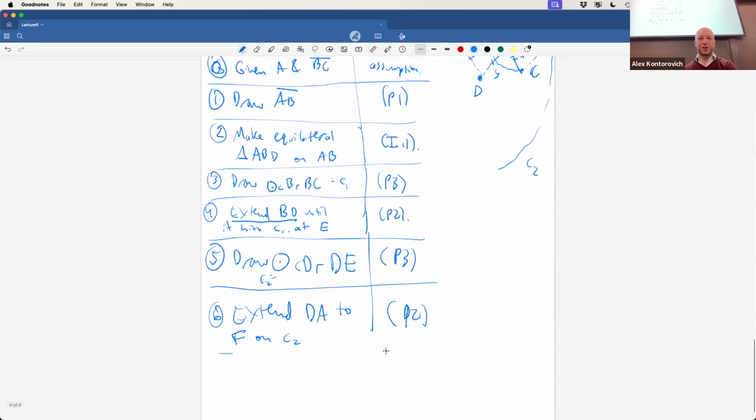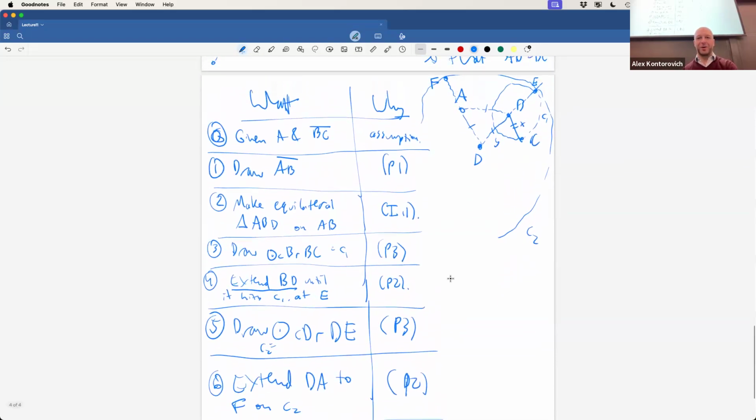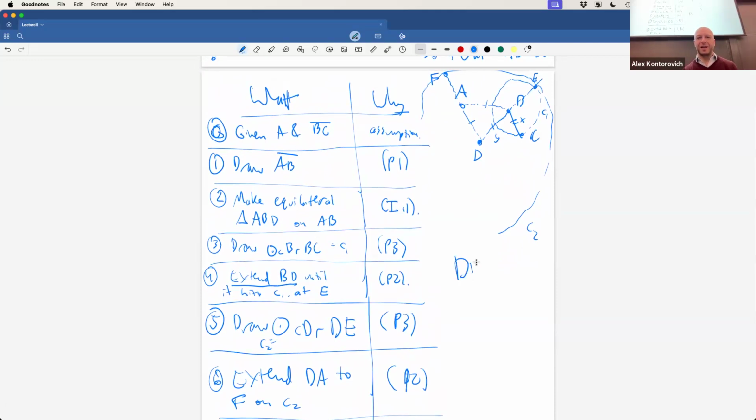So we're done with the construction. The proof I can put over here. The length of DF is equal to x plus y, except that's not how Euclid would say it, but let's just skip ahead. It's x plus y. And so the length of AF is, everybody see?